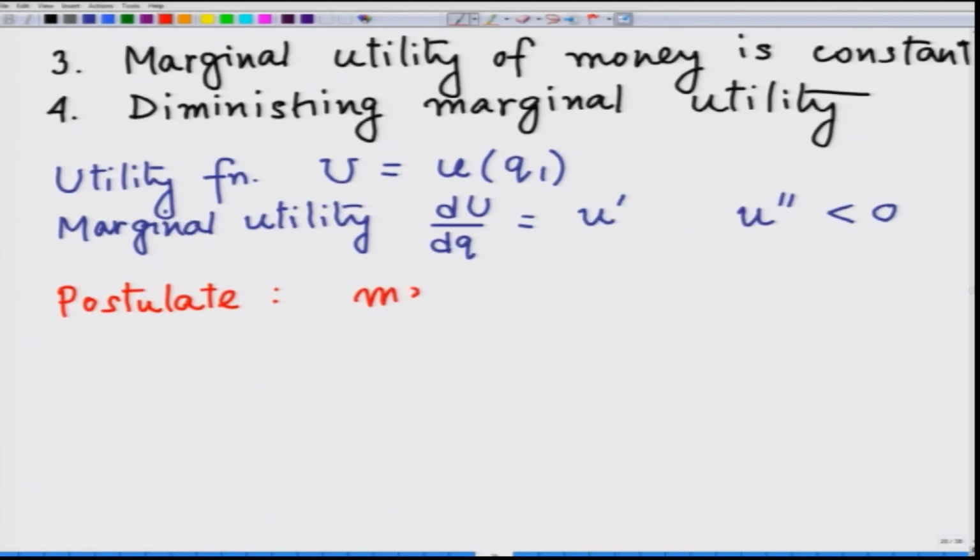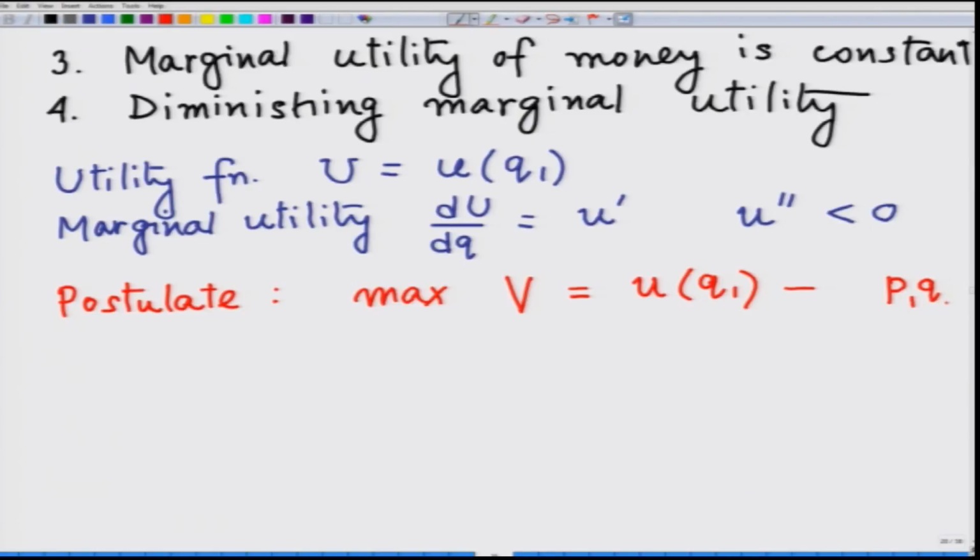The consumer wants to maximize the net utility from consumption. The direct utility comes from the utility function that we have already written, and there is a loss of utility because as more and more units of commodity 1 are purchased, money is lost.